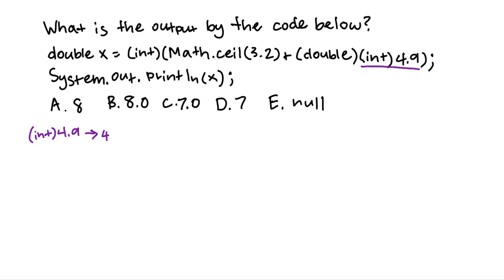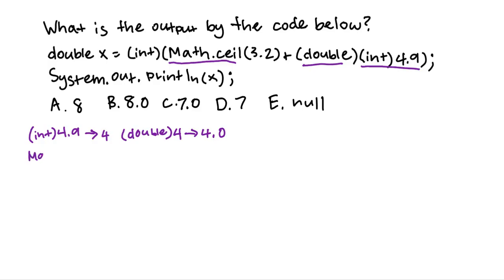Then we have to cast that 4 back to a double because we have double right here. So now we have double 4, which just gives us 4.0. Now we have to handle this math.ceil, which means ceiling, and it always rounds up to the nearest whole number.